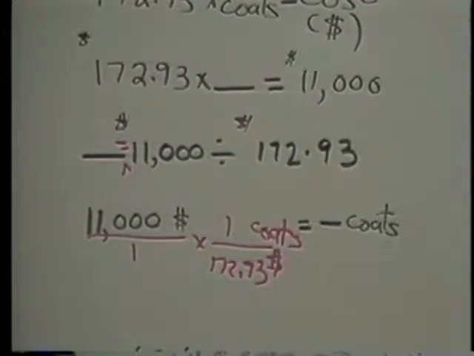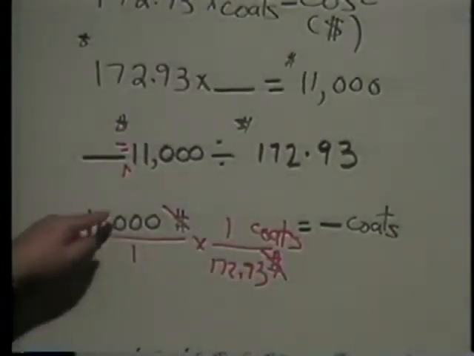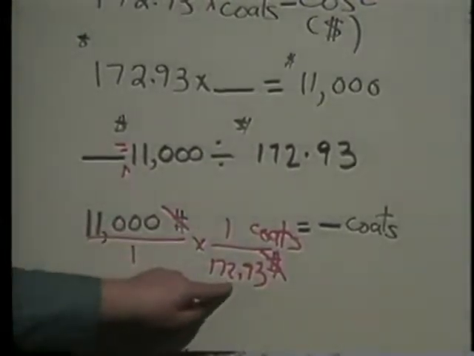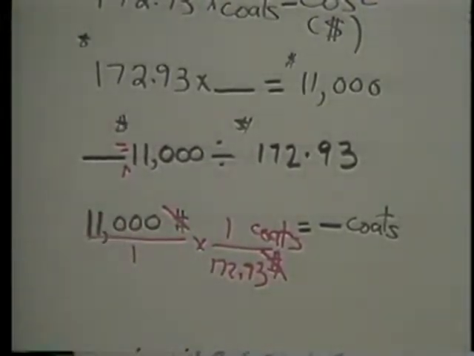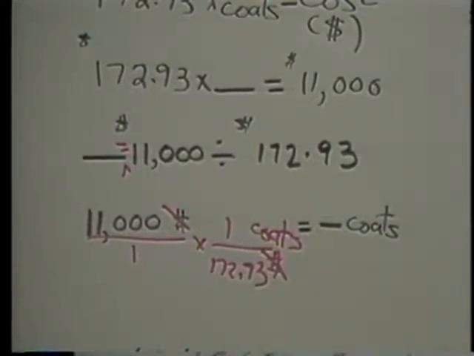My dimensions tell me that the label is coats, which is what I want. My numerator is 11,000. My denominator is 172.93. Therefore, because it's in the denominator, I know that the answer to this problem is 11,000 divided by 172.93. That's where I go to work either with my calculator or longhand.